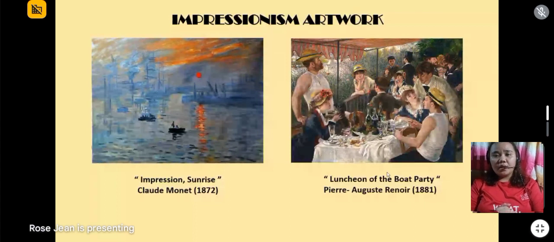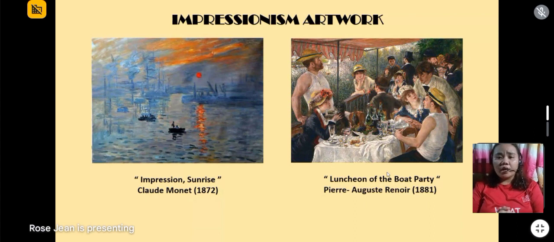This large-scale masterpiece portrays a group of Renoir's friends enjoying a leisurely lunch on the balcony of the Maison Fournaise restaurant in Chatou, France. The painting is renowned for its vibrant colors, lively composition, and depiction of contemporary Parisian life.